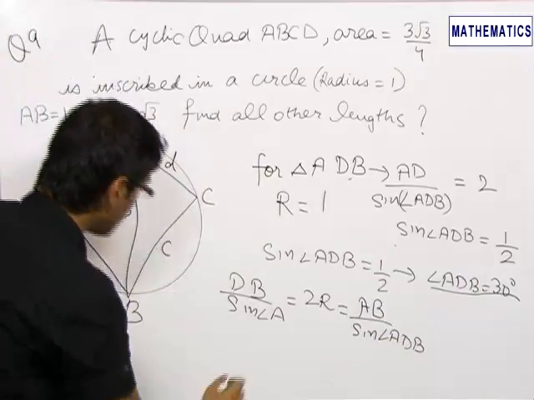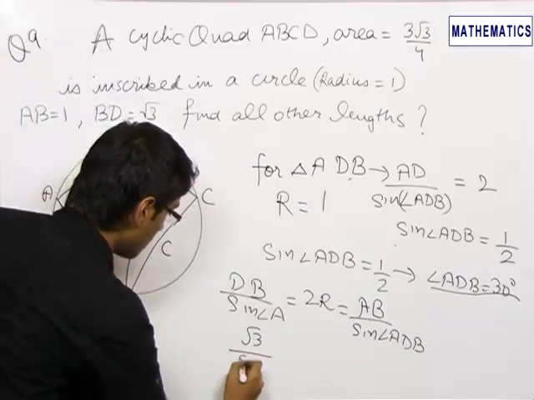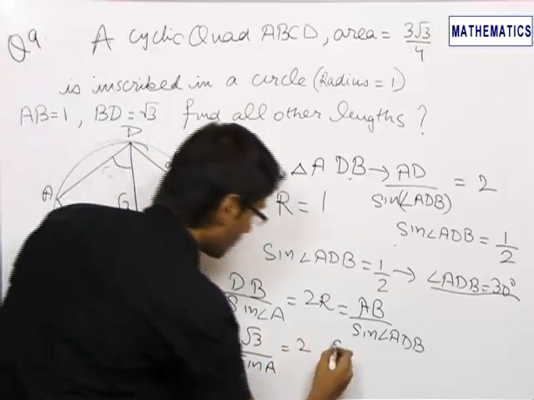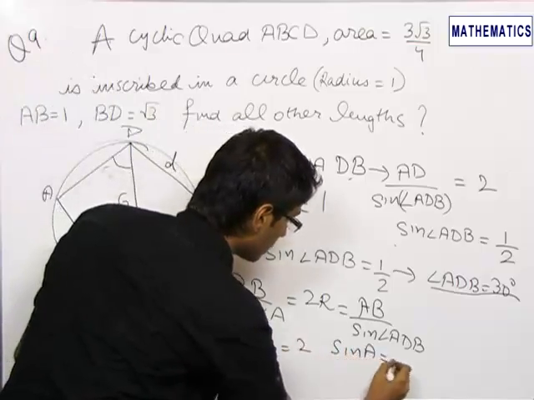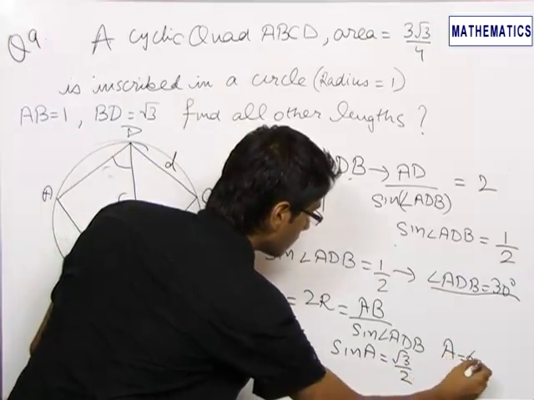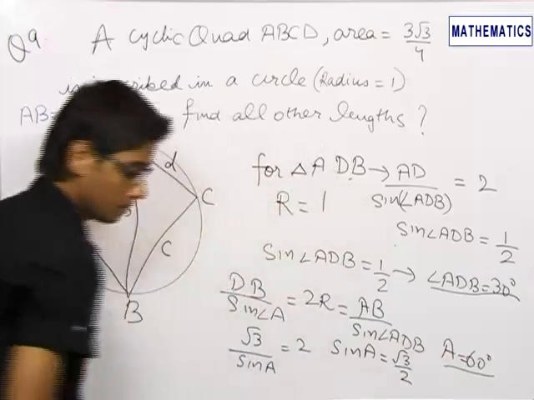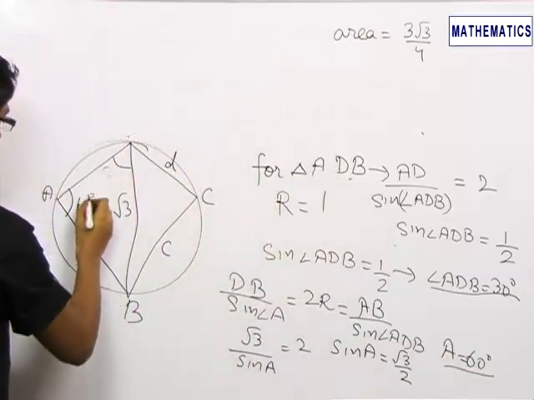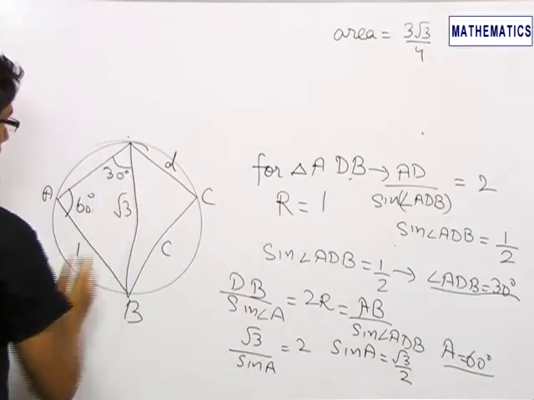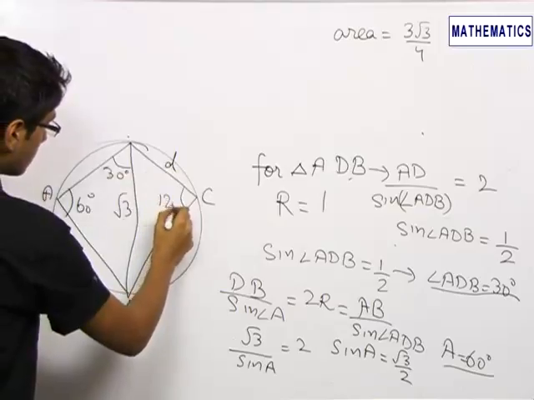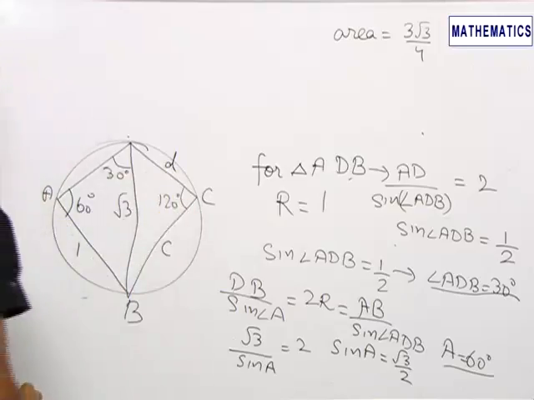Now DB we know equals root 3 upon sin A equals 2, sin A equals root 3 by 2, so angle A equals 60 degrees. Now if angle A is 60 degrees, this is 30 degrees, and since it is a cyclic quadrilateral, therefore we know that this angle is 120 degrees.